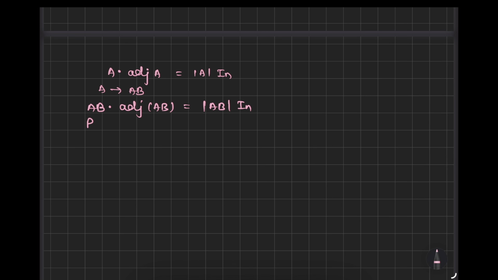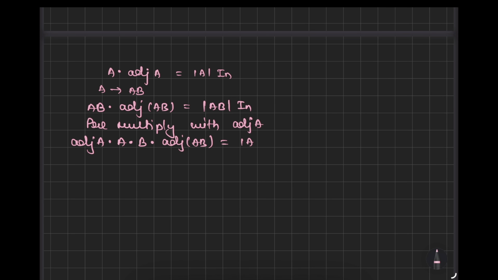Okay, so I am pre-multiplying with adjoint of A. So it will look like what? Adjoint of A times A times B times adjoint AB is equal to determinant A, determinant B. I have segregated determinant AB.